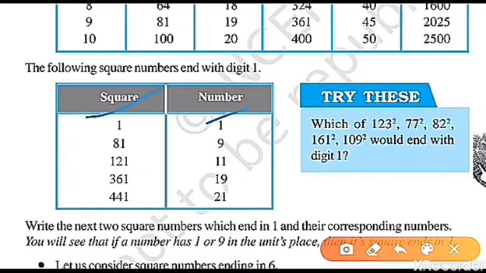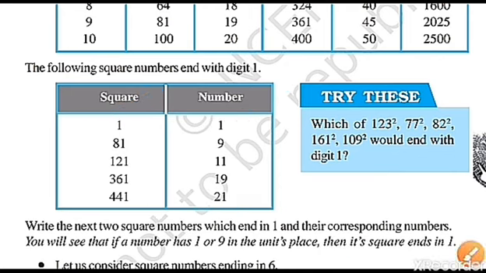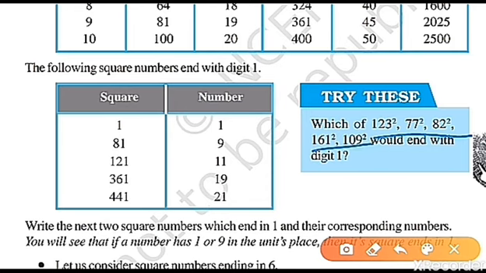Now in this table we have numbers and their squares. The numbers ending with digit 1 are 1, 9, 11, 19 and 21. Try to see which of these given numbers would have a square ending with the digit 1.